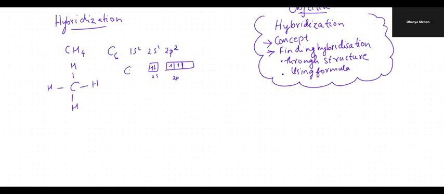This is the ground state. In the first excited state, 1 electron from 2s will move on to 2p. Why is this needed? Because we need 4 unpaired electrons, because there are 4 bonds being formed between carbon and hydrogen.